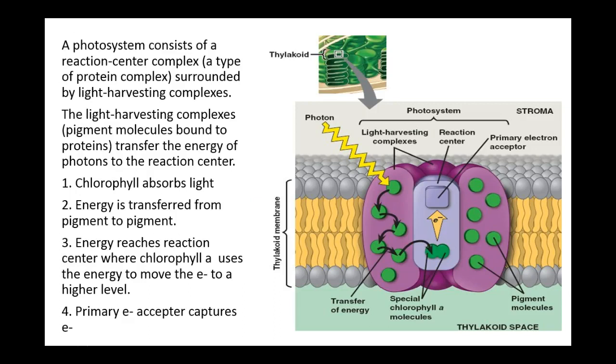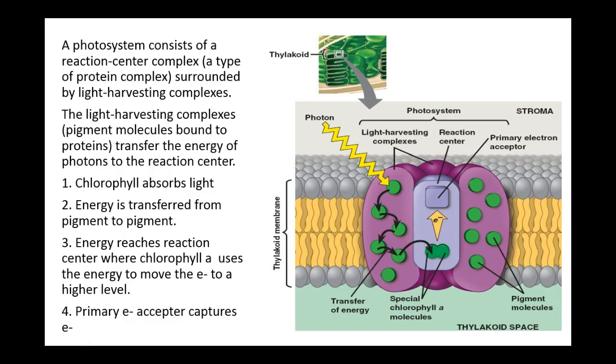Now into more of the nuts and bolts of how photosynthesis takes place. The first thing we want to talk about is the thylakoids, looking inside at the inner membrane. What you have is a photosystem, which consists of a reaction center complex, a type of protein, surrounded by what's known as the light harvesting complex.